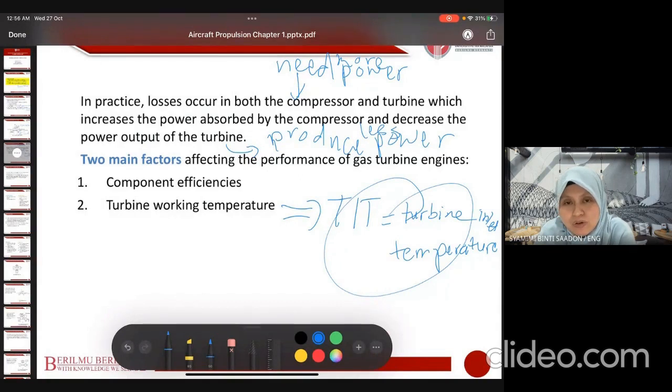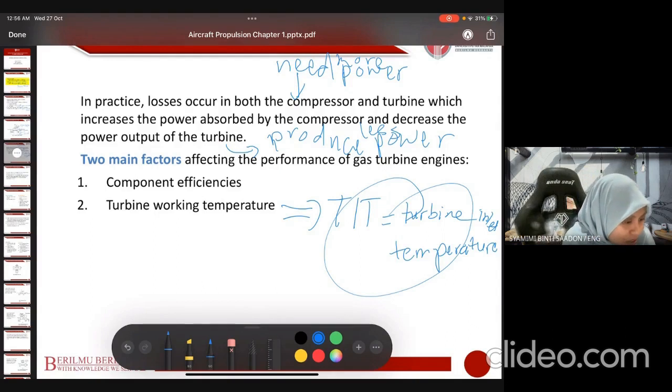In more and more recent technology, we try to manufacture turbines with material that can accept higher temperature. So it depends on the material used in the turbine.